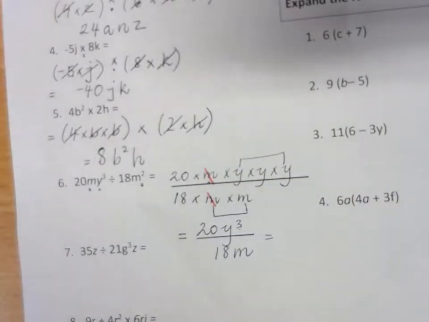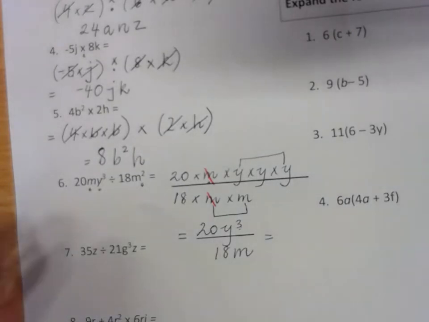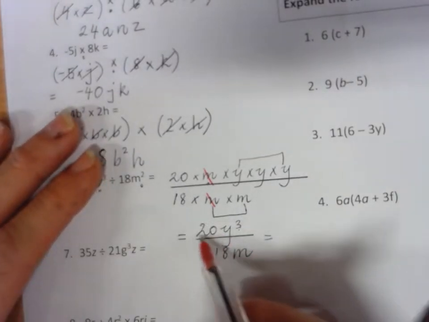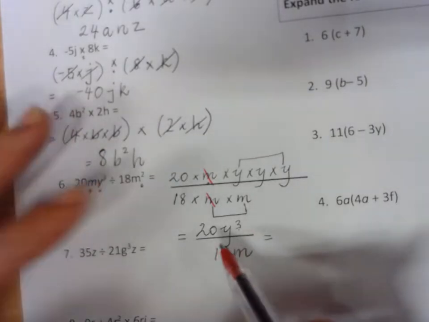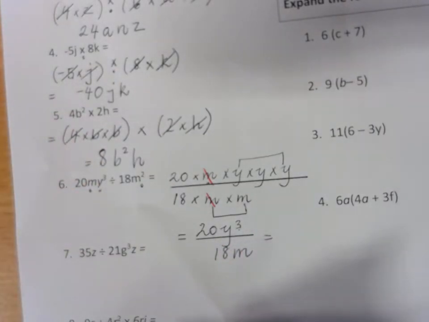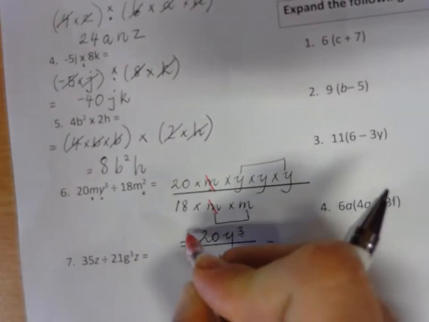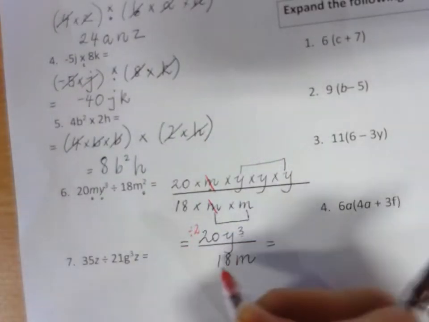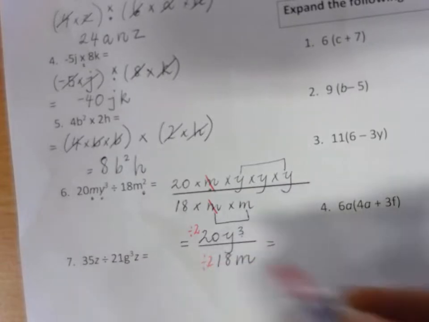Okay, you've got 20y cubed and 18m left. This is where if you can go all the way through you'll get your 4 points. First of all, they're both even, so they can be divided by 2 to start with. I think 2 is the only thing that they can be divided by. Actually, there's no other higher common factor.